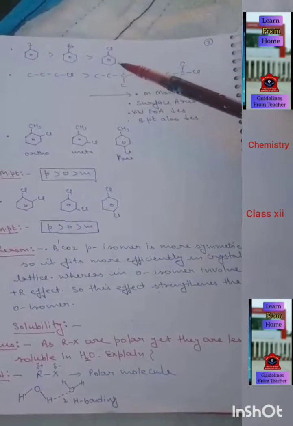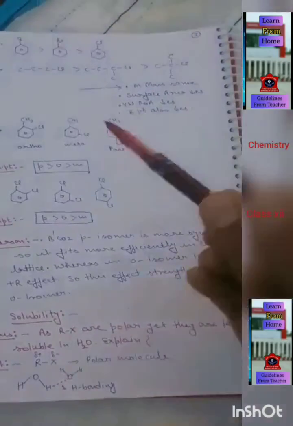Take another example. In case of haloarenes, iodobenzene has a higher boiling point as compared to bromobenzene and chlorobenzene. This is important.